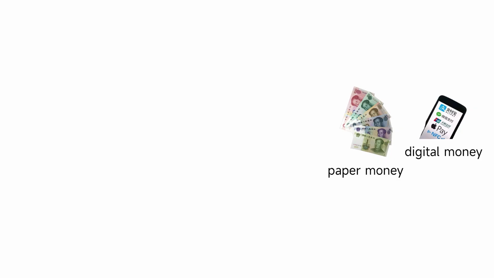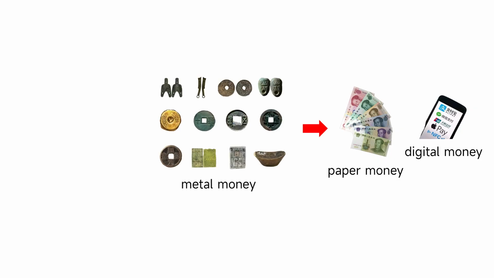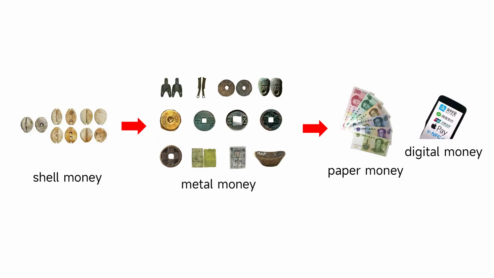But before we could make paper money, people used metal to make money, like coins, gold coins, silver coins. But before people could make metal money, people used shell as currency. That was in a very, very ancient time.